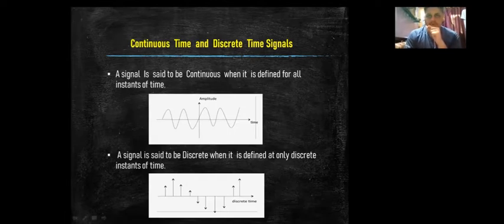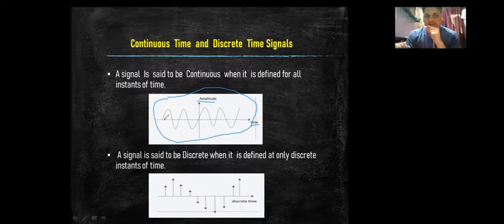A signal is said to be continuous when it is defined for all instances of time. As we can see in this graph, the y-axis is representing amplitude, and the x-axis is representing time.